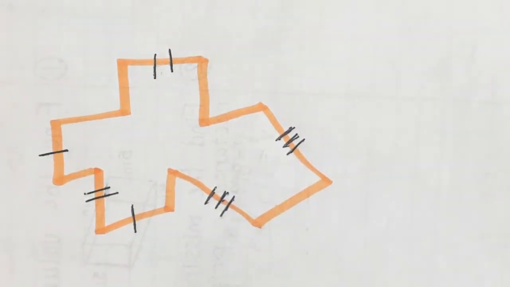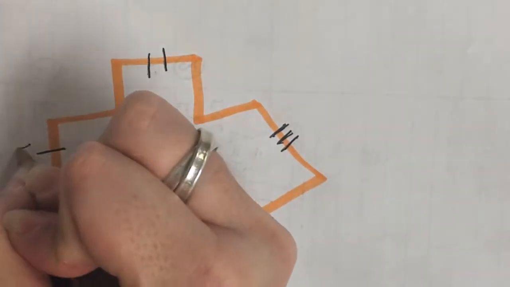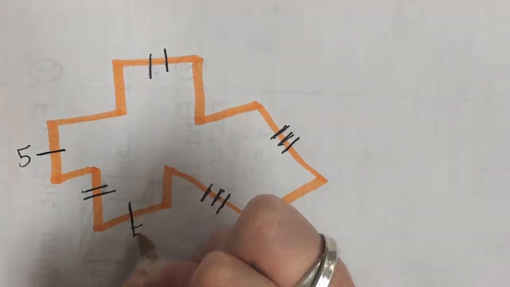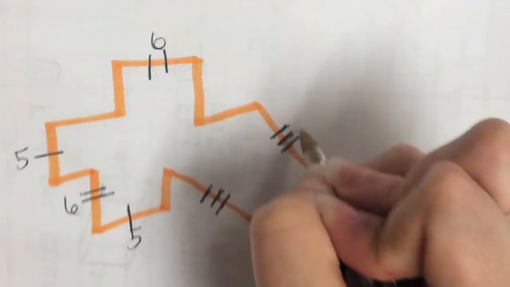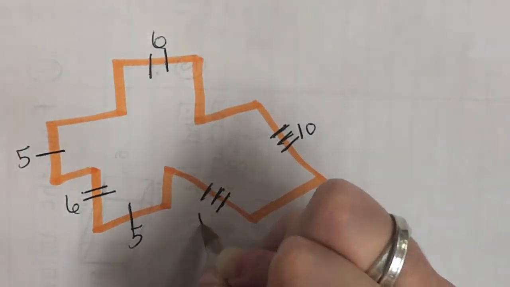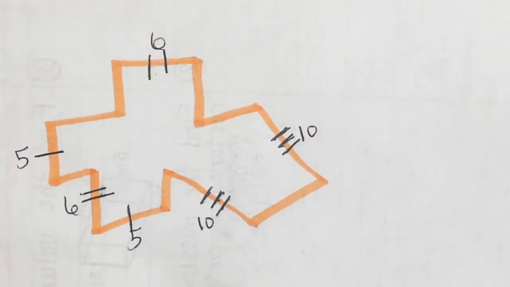They may not even look the same length, because in the world of geometry, not everything is drawn perfectly. You have to trust. If they say this is 5, you're supposed to know that's 5. If this is 6, that's 6. If they say this is 10, that's 10, because of the silly little dashy lines.